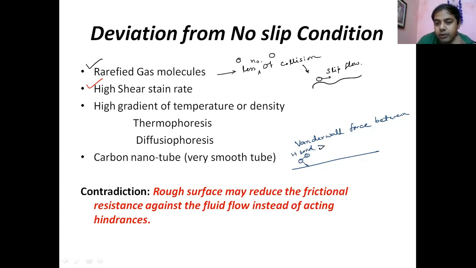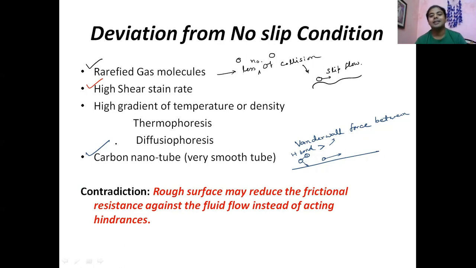If the hydrogen bond is stronger than the van der Waals bonding, then the molecules can overcome this van der Waals force and move. So nearby, just adjacent molecules can also bounce. So carbon nanotube is one more example. I'm not going into that much detail, just telling you that it is not a ritual: the no-slip boundary condition may be violated in different cases of the fluid.